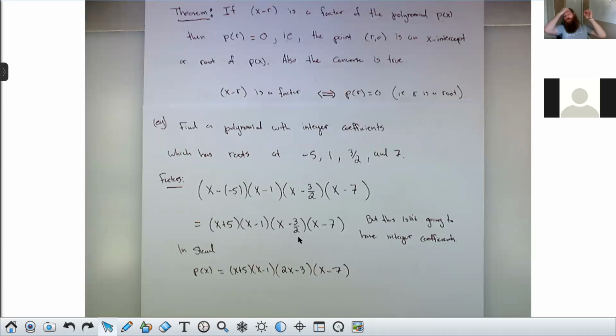So if I multiplied all of this out, what would my lead coefficient be? 2. Good. Yeah, the lead term would be 2x to the 4, and the lead coefficient would be 2. So we can actually draw a reasonable picture of this graph just from the information we have. Check this out.